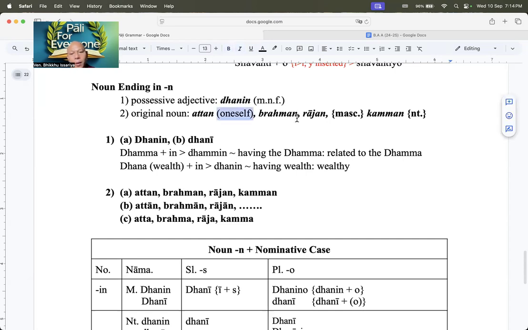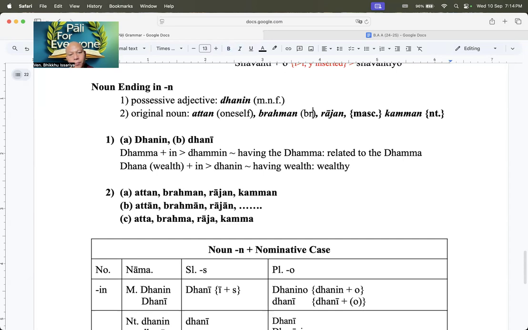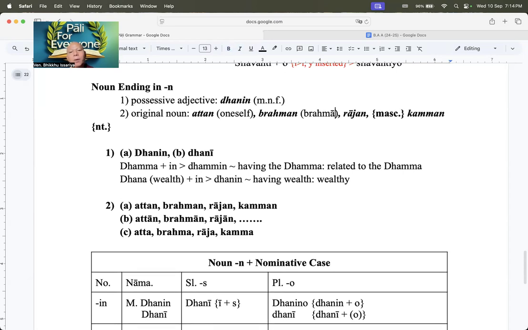And then Brahman. So Brahman means Brahma. But Rajan is king, that is their meaning, their original noun.